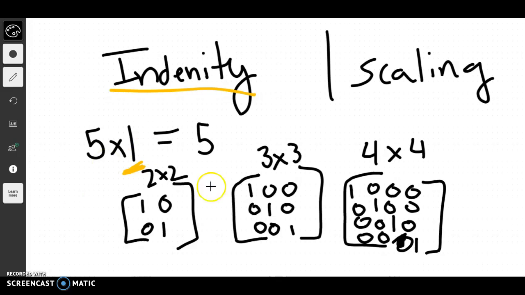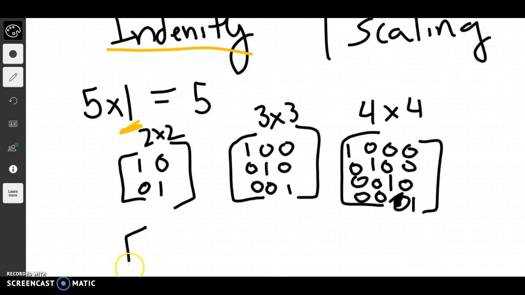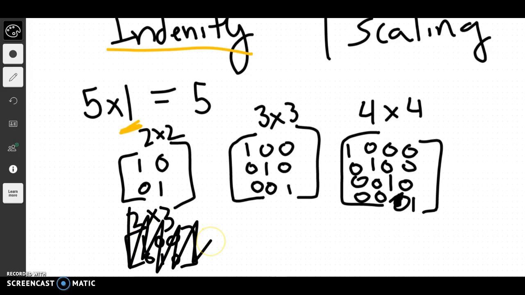You can't have an identity matrix that is not what we call a square matrix, meaning it has the same number of columns as it has rows. So identity matrices are matrices that have the same number of columns as rows. An identity matrix can't be this. You can't have a 2 by 3 identity matrix. It just doesn't exist. It has to be one of these square matrices.